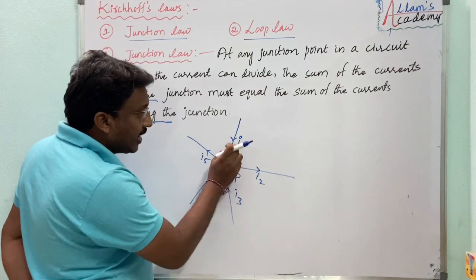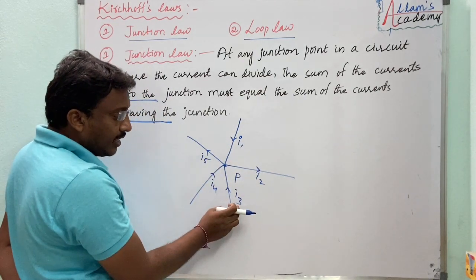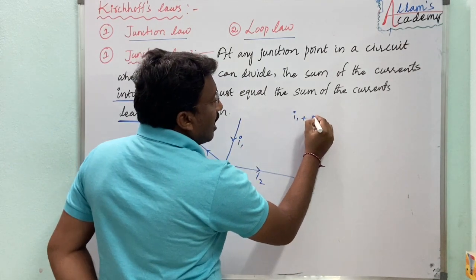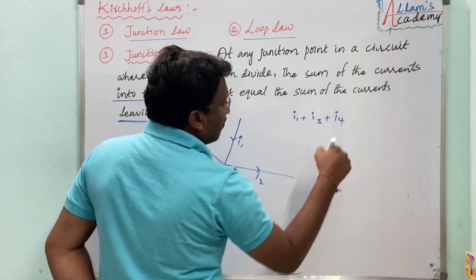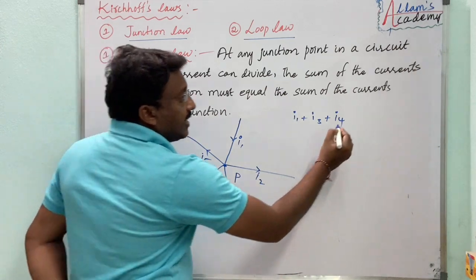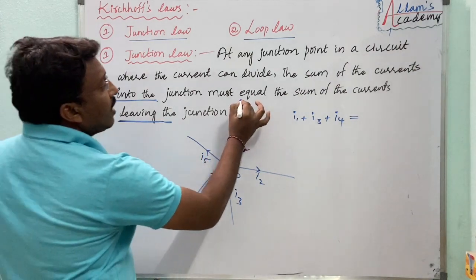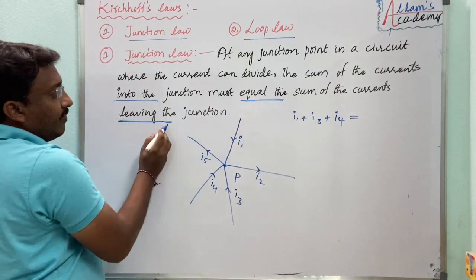So the sum of the incoming currents, I1 plus I3 plus I4, must be equal to the currents leaving the junction.